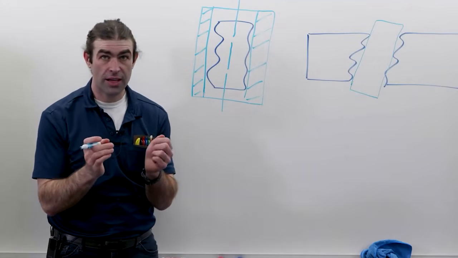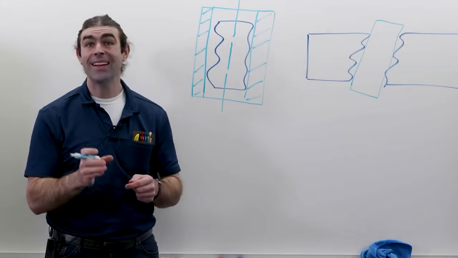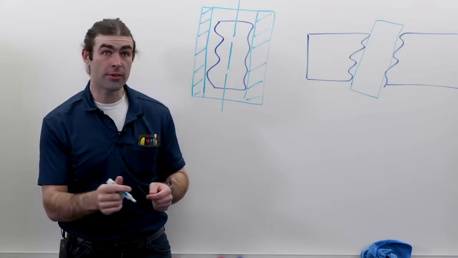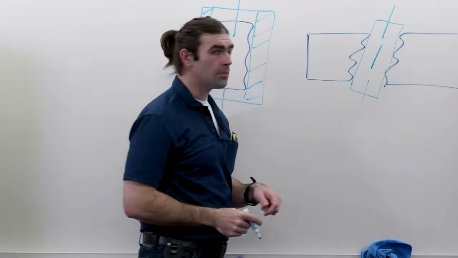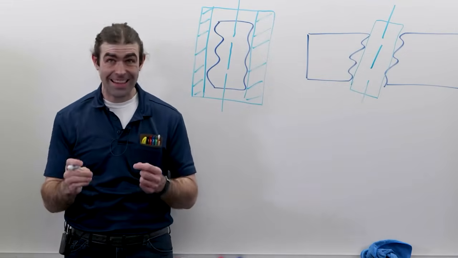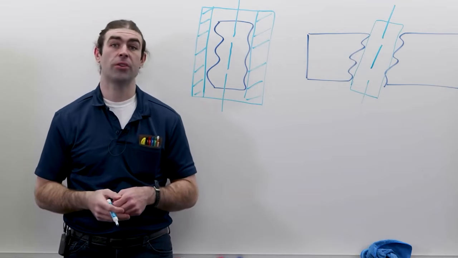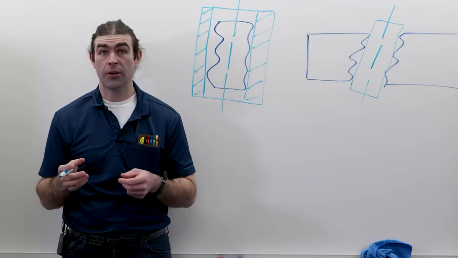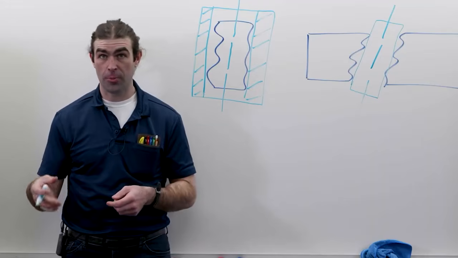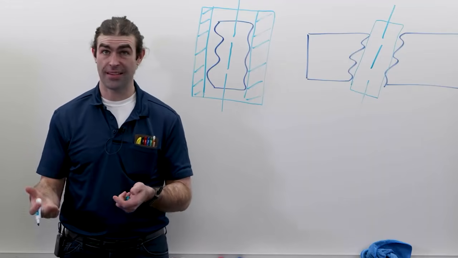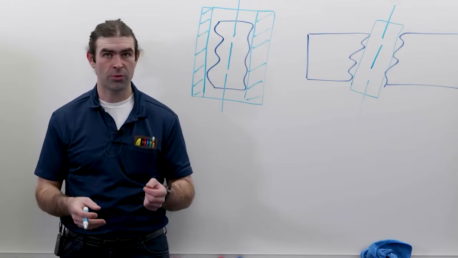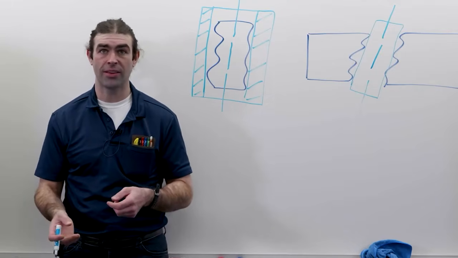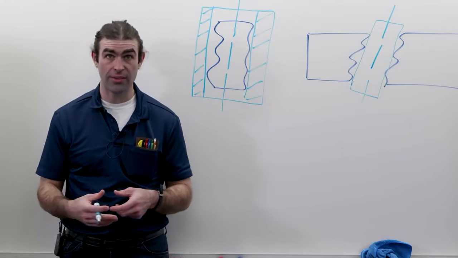The largest gauge pin that would fit in that feature is going to touch the high points, and the axis of that gauge pin is the axis of that feature. That's what we would use to figure out if it's within tolerance for perpendicularity or even things like position, okay? So this is great because it's really functional, right? Because normally we care about the high points, not the average of all the points.